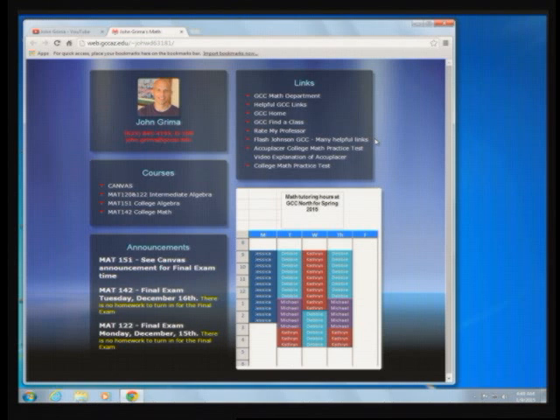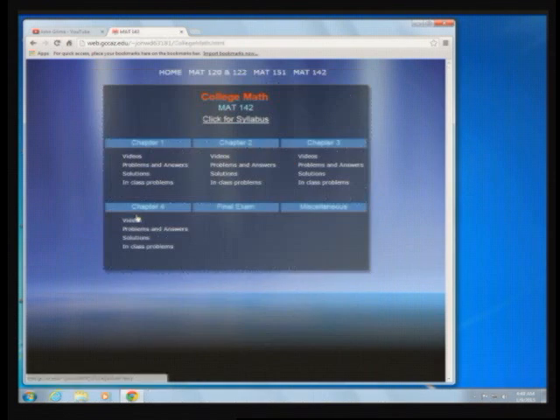You probably won't be able to see too much of what I have displayed here, but you're going to need to follow the link to this course, so I'm pointing to Math 142 College Math, and once you get to that, all the material that we need for our class is going to be here.